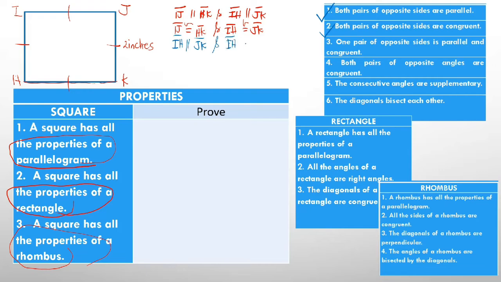So our one pair is parallel and congruent. Next, number 4, both pairs of opposite angles are congruent. We cannot define it yet.